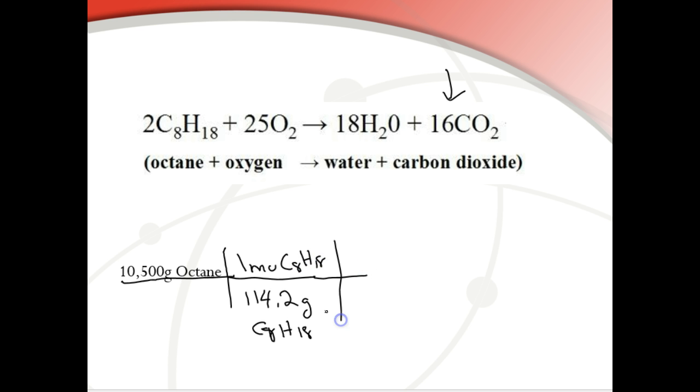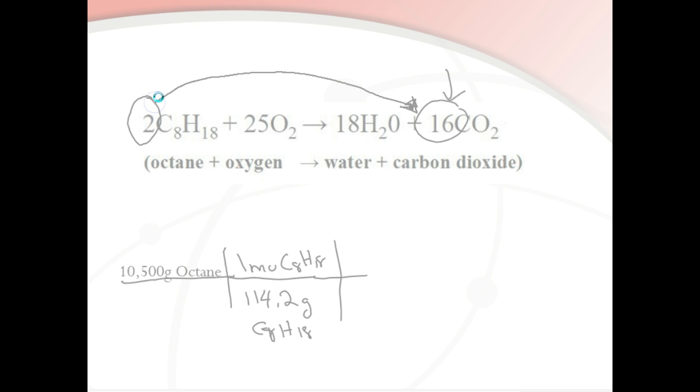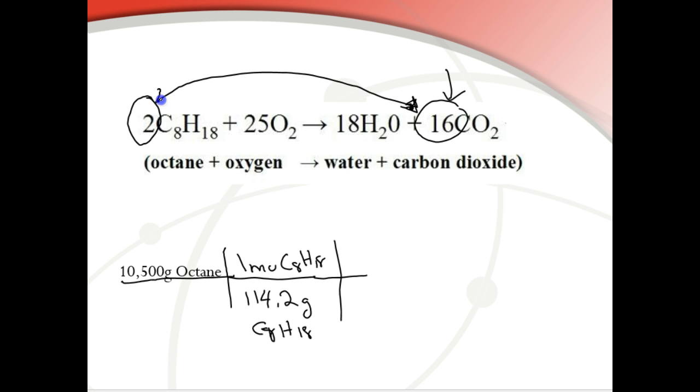And so now comes the big idea, the big molar ratio. And remember, the molar ratios come from the balanced chemical reaction, the coefficients from the balanced chemical reaction. And so if I want to know how much carbon dioxide I get, I have to pull out those two numbers right there.